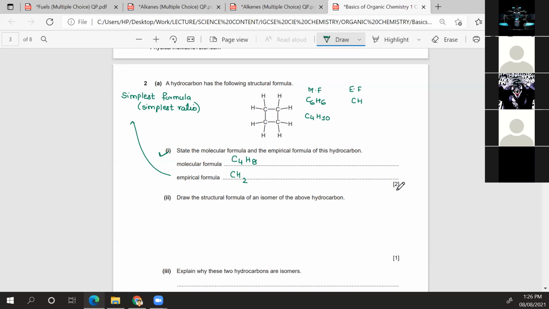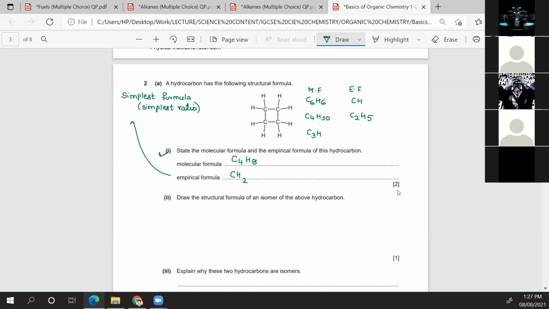By which number can both be divided? 2. Is 10 divisible by 4? No. So we use a number which can divide both of them. If we divide both by 2, we get C2H5.